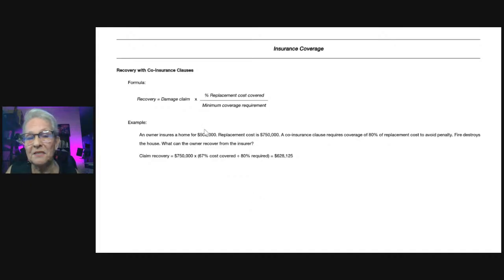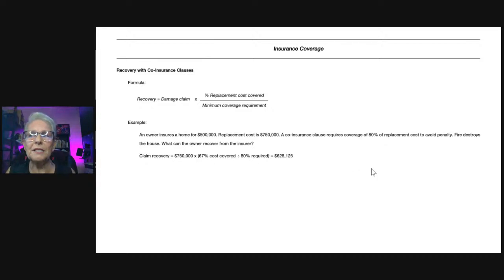So the basis might have been 500,000, right? When they bought it, they could have added another 100,000, which would have been 600,000. Right, but the replacement cost at today's market value is 750 times the factor of 67% divided by 80%.